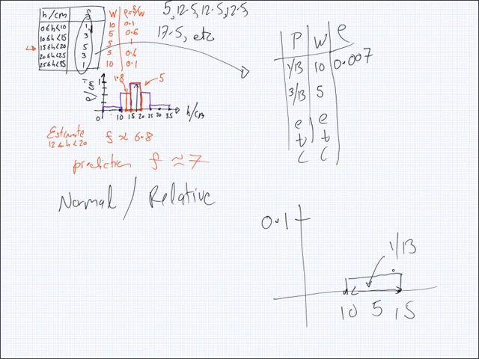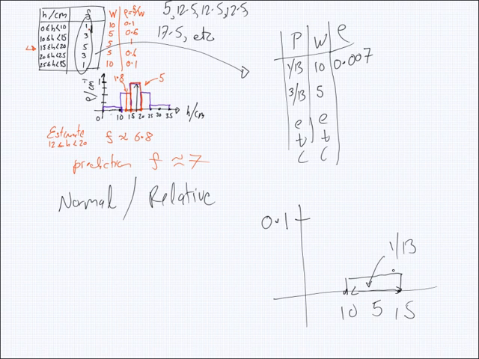Now, let's remind ourselves, what did the 1 over 13 mean? Yeah, the area, but it's not the frequency anymore. What did we say it represents? Proportion, which is another word for probability or percentage. So what you're doing in this diagram is you're making all the areas represent probabilities.